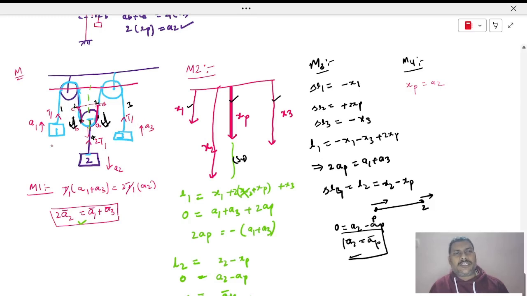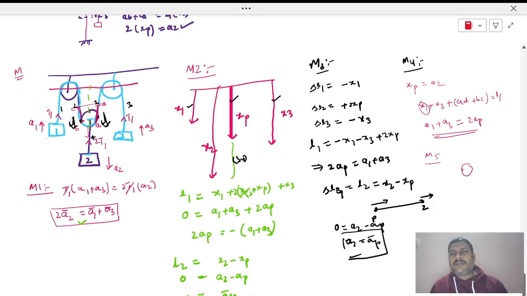The decrease in these two lengths is equal to the increase in these two lengths, means the total change in length is equal to x1 plus x3 plus AD plus BC. So that is equal to L1, right? So now x1 you know, acceleration A1 plus A3. These two are negative, decreasing. This is positive, that is equal to 2 into A of the pulley. So this is coming into a shortcut method for movable pulley.